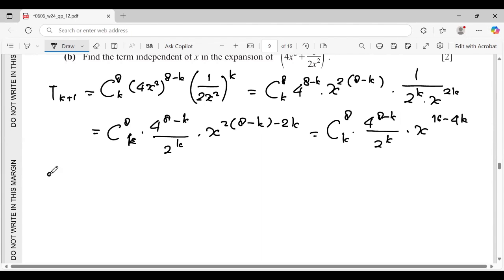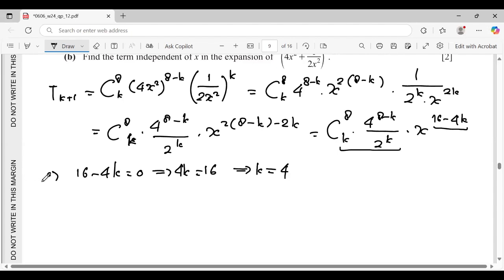Next. To find the term independent of x, we have to set the exponent equal to 0. This is the exponent of x, and this is the coefficient of x. So the exponent of x equals 0. It means 16 minus 4k equals 0, so 4k equals 16 and k equals 4.